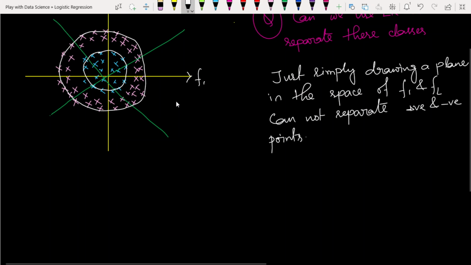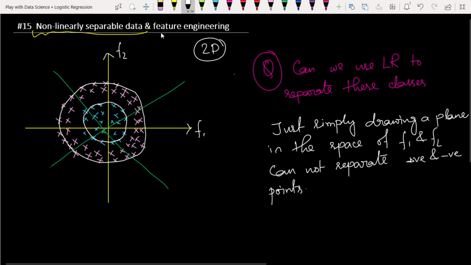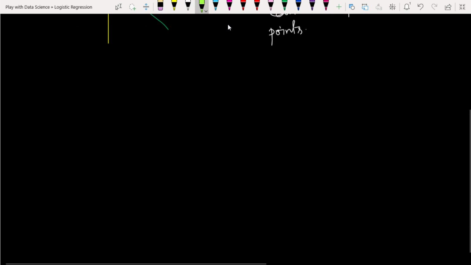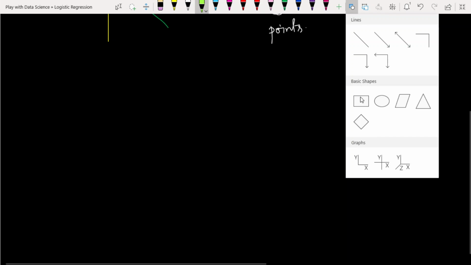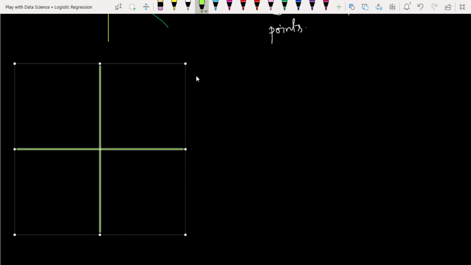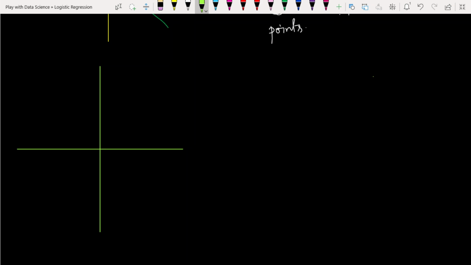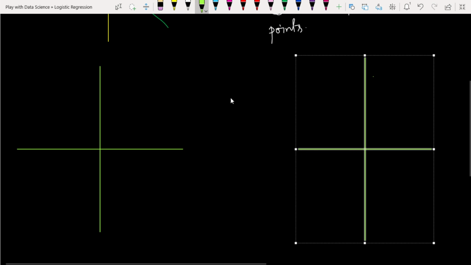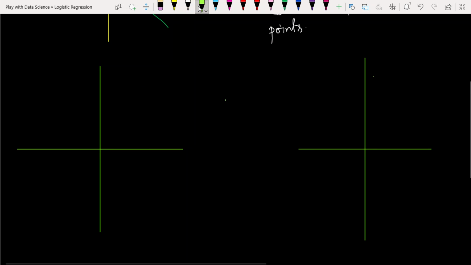Now here we are using the concept of feature engineering. Let's see what feature engineering is. Let's redraw this picture again. Now again I am drawing the axes.